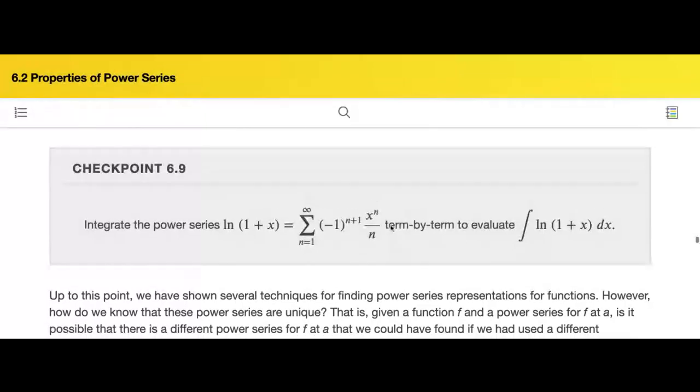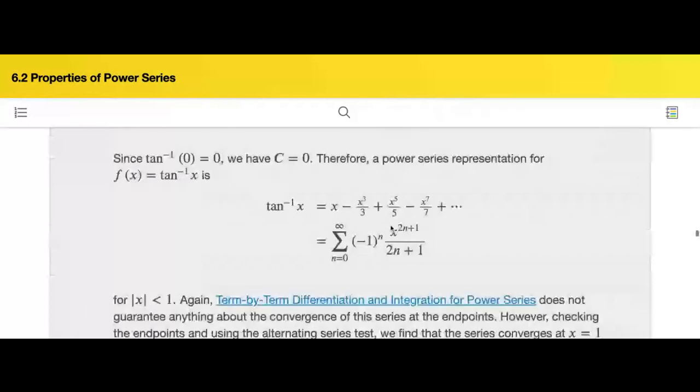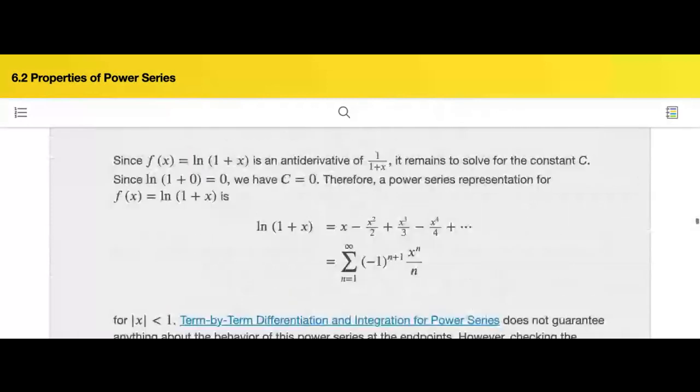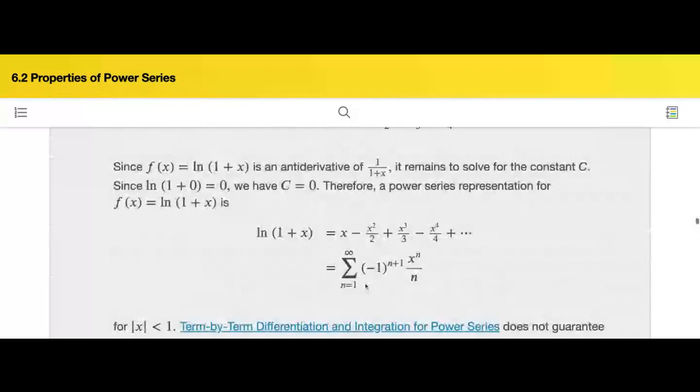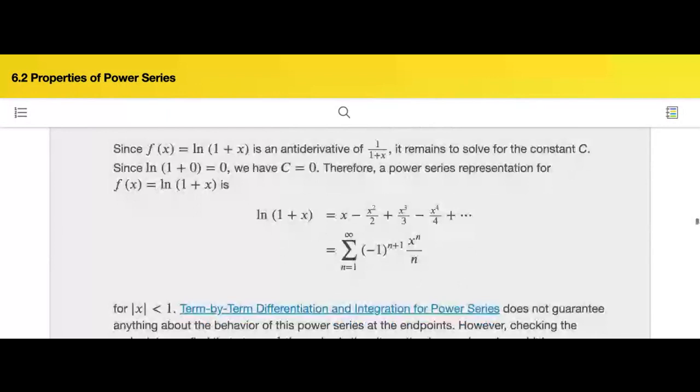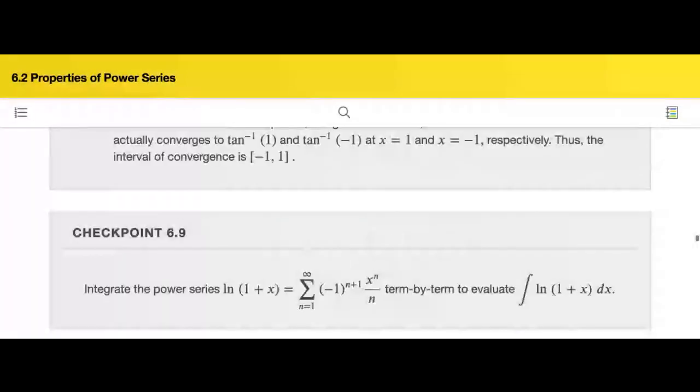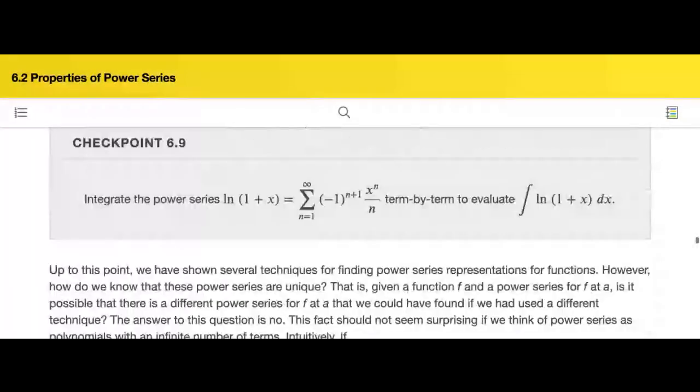It's right here: x minus x squared divided by 2. That's ln of 1 plus x. Just write 1, 2, 3, 4 terms, and 4 terms is enough to see the pattern. Then integrate this.